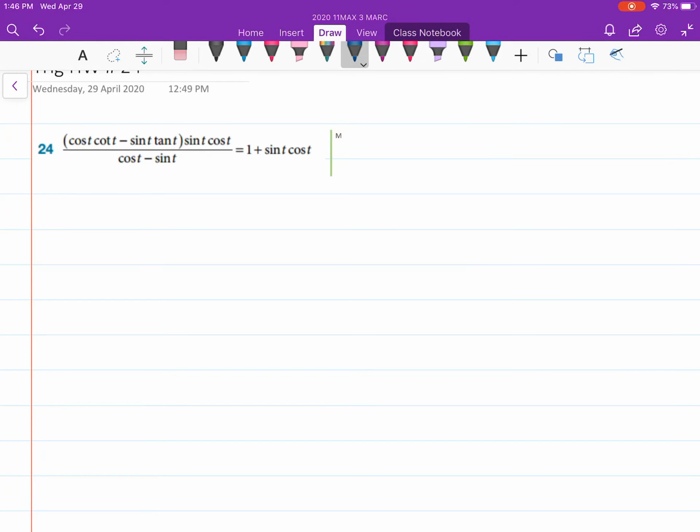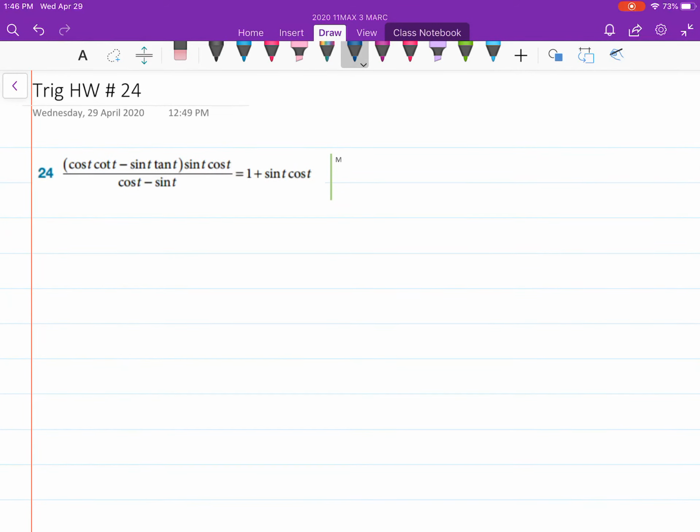Okay, so in example 24, I am requested to prove that by manipulating the left-hand side, which is obviously the more complex of the two sides, I can manipulate that left-hand side to be equal to the right-hand side.